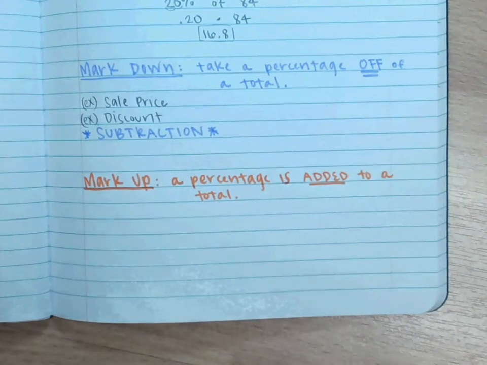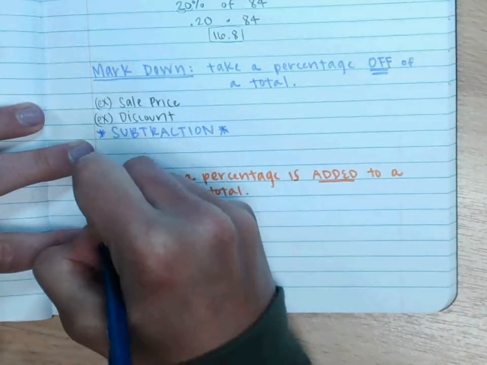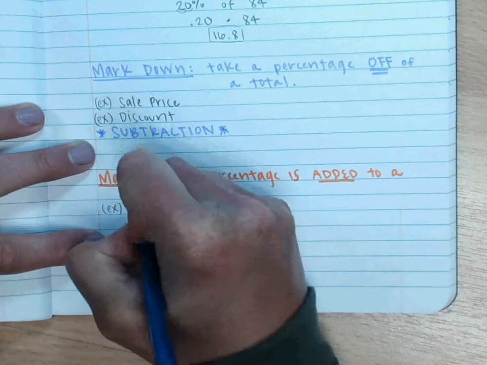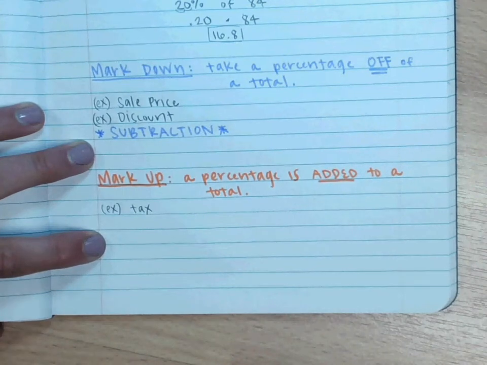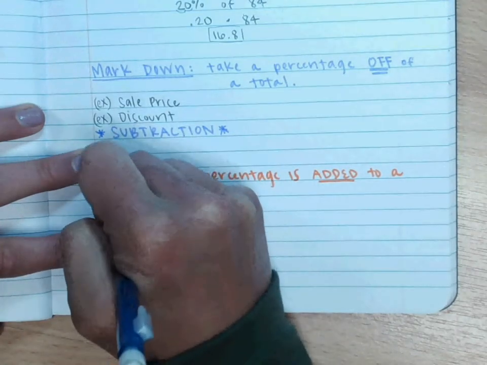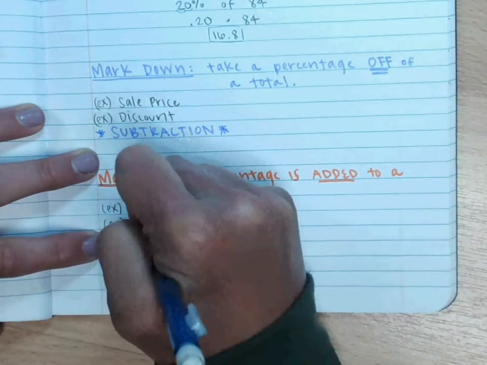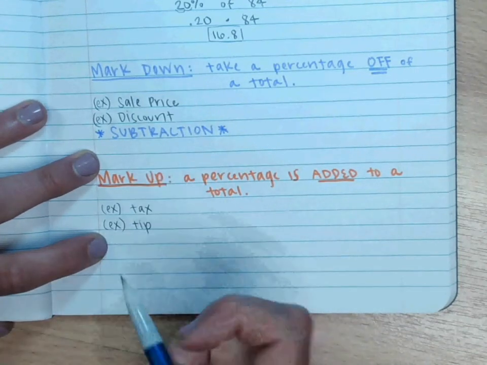Some examples of this include tax. That's the most common one. We see that every day. When we purchase items at the store, we have to pay an additional 8% tax on those items. Another one that you might see quite frequently is if you provide a tip to a waitress or a waiter at a restaurant.